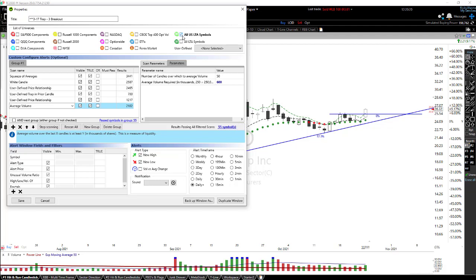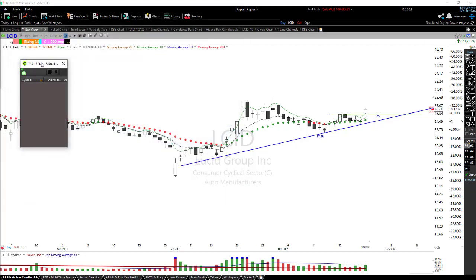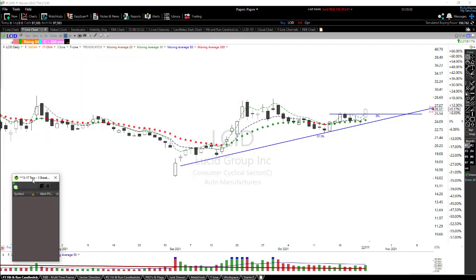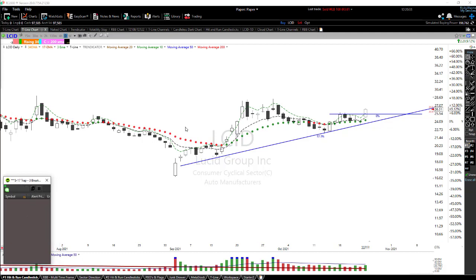So let's do that. And now there's 55 possibilities, which you're going to get all stocks. I'll go ahead and save that. Let it kind of bake here. It needs to jiggle around a little bit and get organized. Won't take long. But now I'm looking at all stocks, which we may see some junk out there.